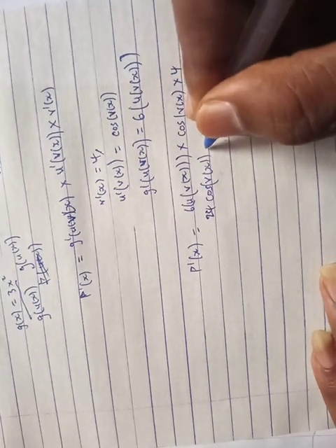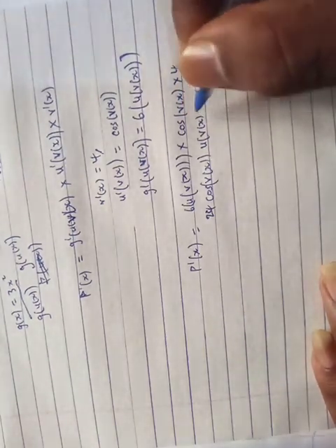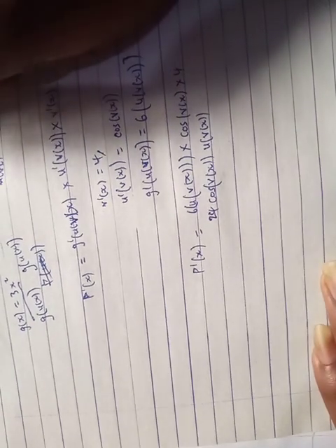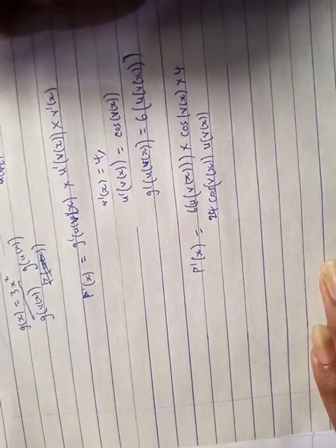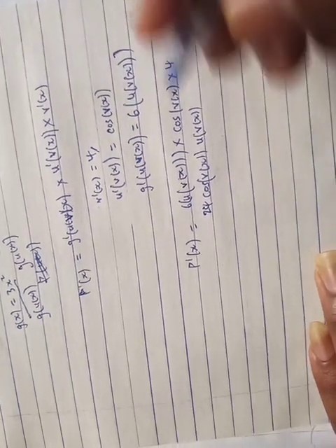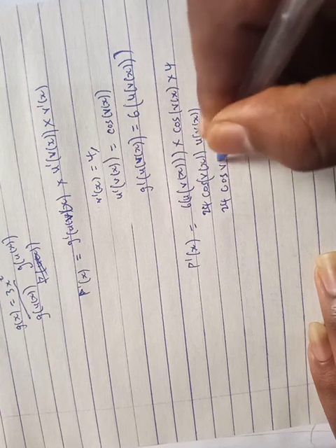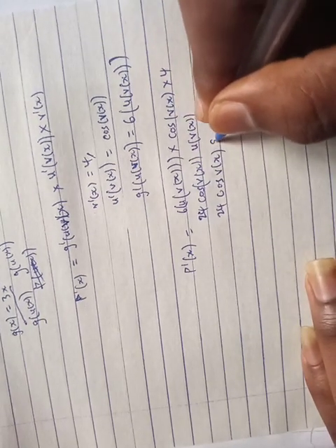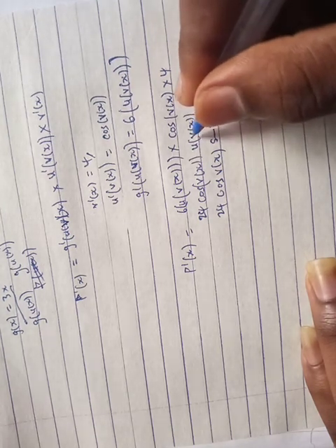Then multiplying by u of v of x. So what is u of v of x? U of v of x is sine v of x. So we will now have it as 24 cos v of x multiplying by sine v of x. That is replacing the u of v of x, because here it is.